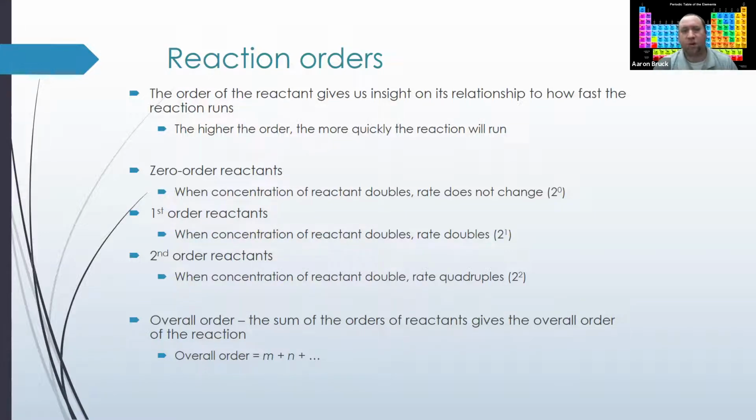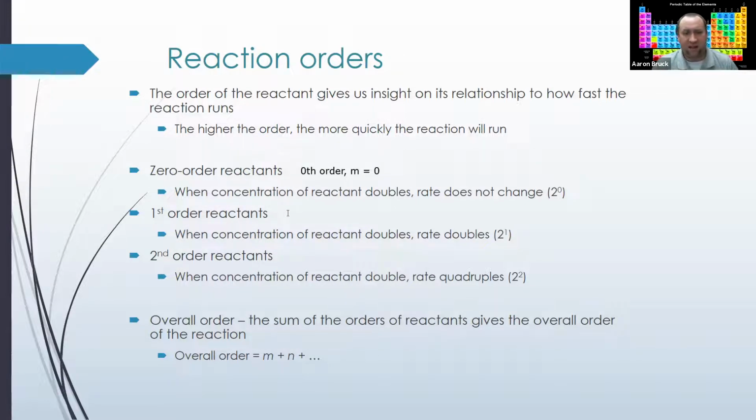And so if we start with zero order reactants, that is 0th order, basically what we can say in any of these cases is that regardless of what happens to the concentration of the reactant, it has no impact on the rate of reaction. So I can double it, I can triple it, I can cut it in half, other than affecting potentially the yield of the reaction, it is not going to change the rate of reaction.